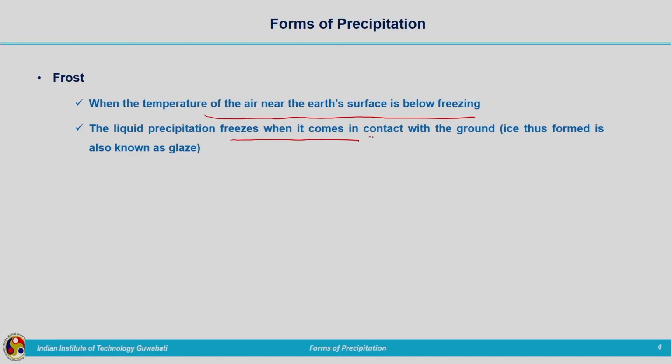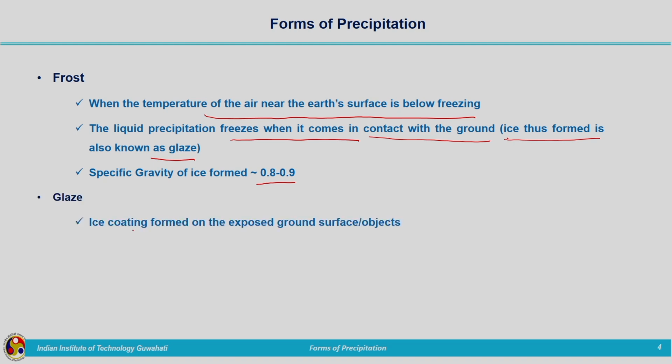The water droplets falling onto the ground will freeze when they come in contact with the ground, and those droplets will be converted to ice. The ice formed due to this process is termed glaze. The specific gravity of ice thus formed is around 0.8 to 0.9.